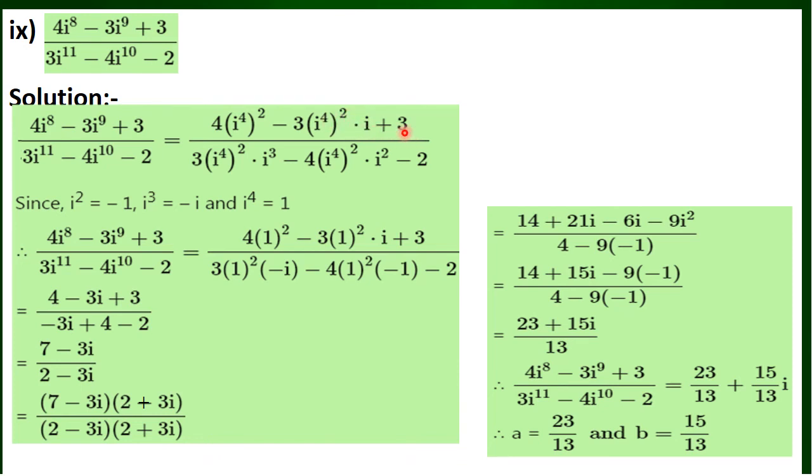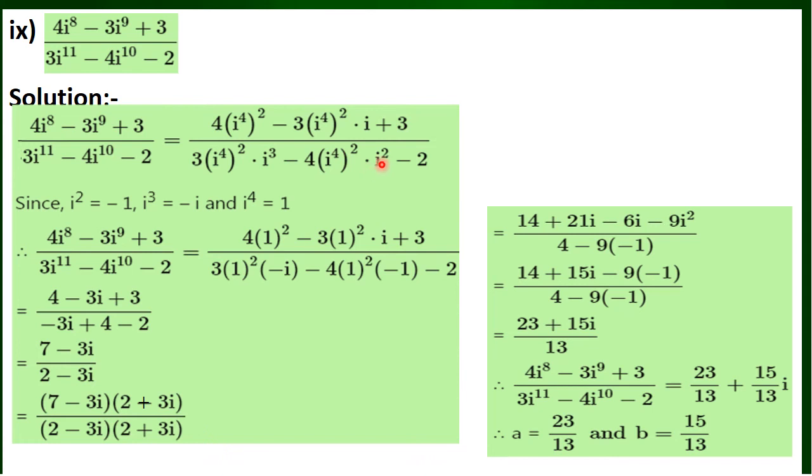The denominator is also done by the same method. i^11 can be written as i^(4×2+3), so we expand it this way: (i^4)^2 times i^3, minus 4 times (i^4)^2 times i^2, minus 2.